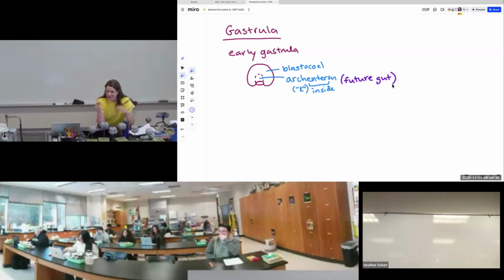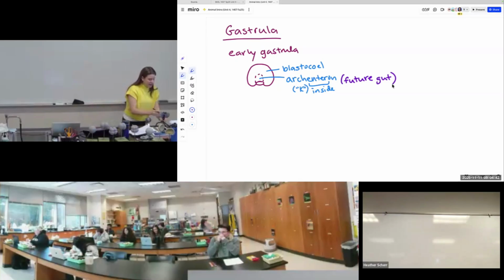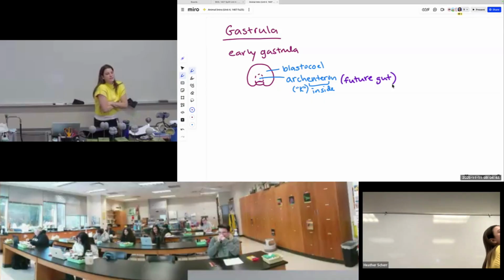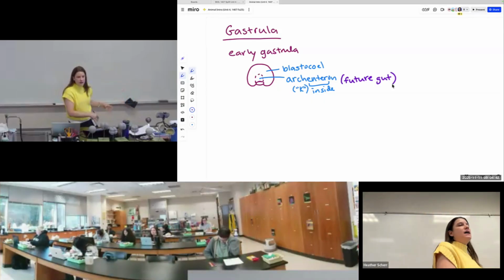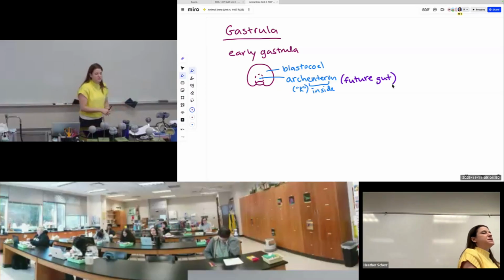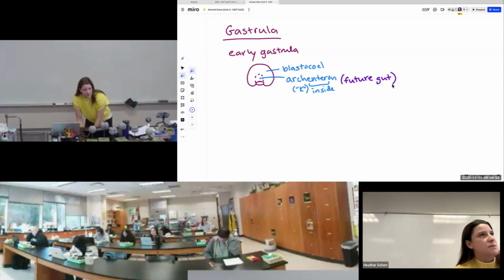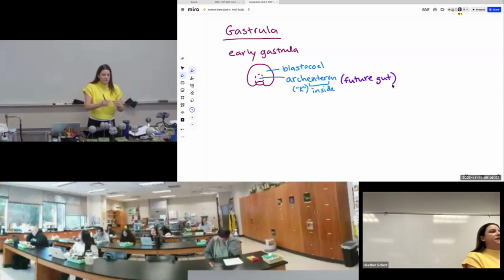I know it sounds like slang, but it's a technical term, and we call it gut because in different animals, the tube part of the digestive system is different things. Like us, it's your mouth, pharynx, esophagus, stomach, small intestine, large intestine, rectum, anus. But in other organisms, it's different parts. Essentially, the gut is the tube part of the digestive system.